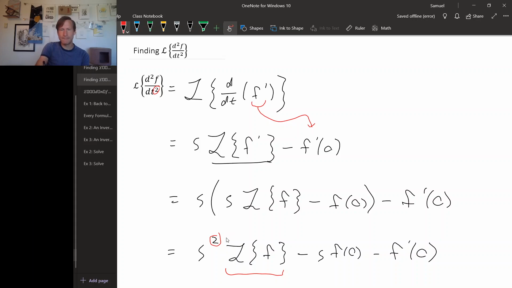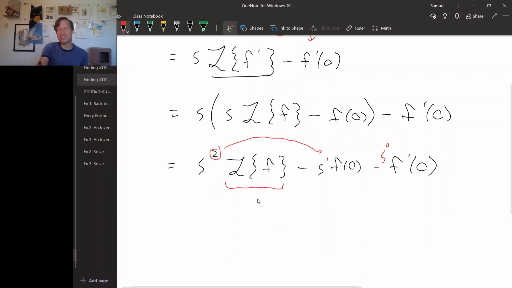First of all, the power on s decreases each time. So we started with s squared, then we get s to the first and then s to the 0 right here. And the number of derivatives increases. For this pattern to really work, you have to treat the Laplace transform as the negative first derivative, which it isn't really, but it makes the pattern work anyway.